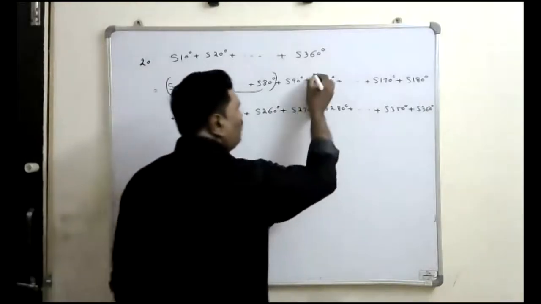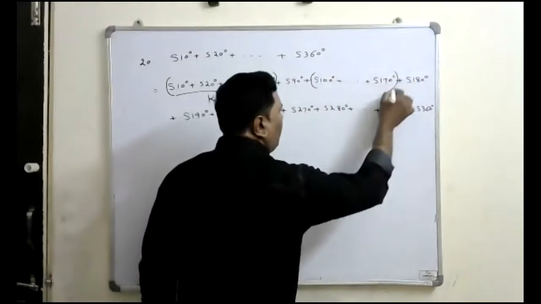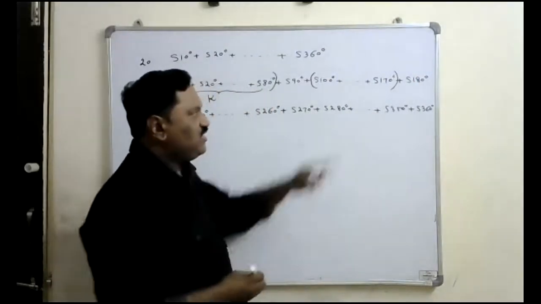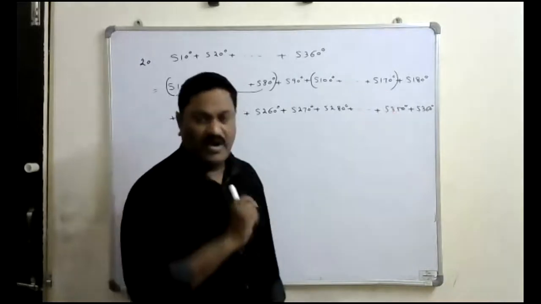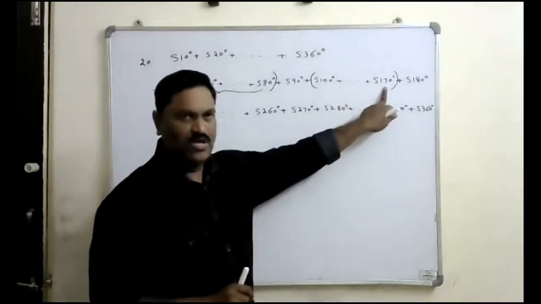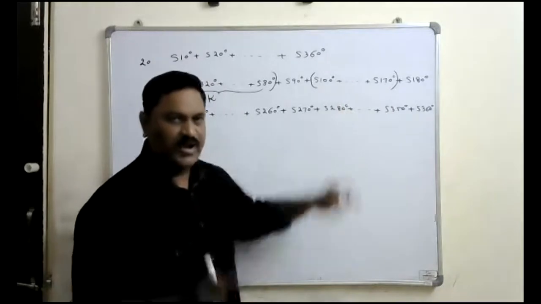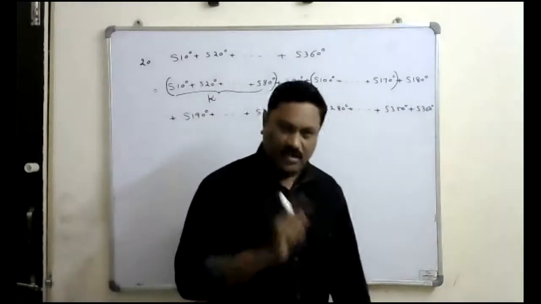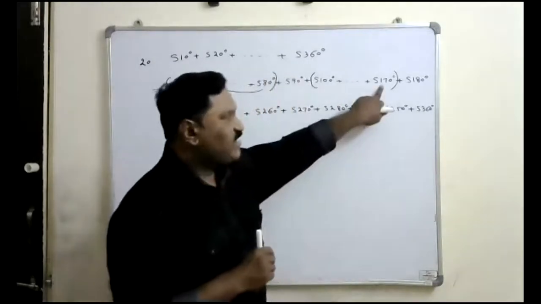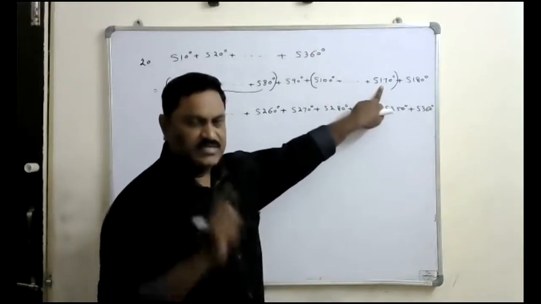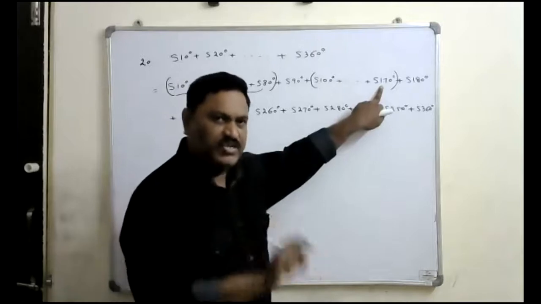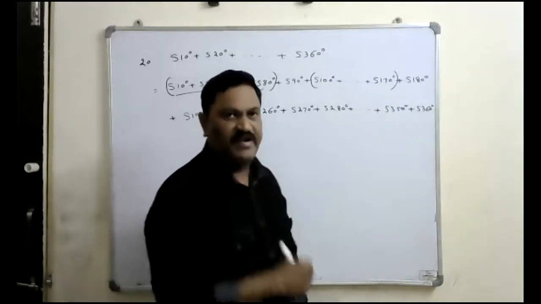Now consider the values from 100 to 170. All these are angles of the second quadrant, and in the second quadrant sine is positive, so the sum of these angles is also positive. Here 170 we can write as 180 minus 10. Sine of 180 degree minus 10 degree is sine 10 degree.